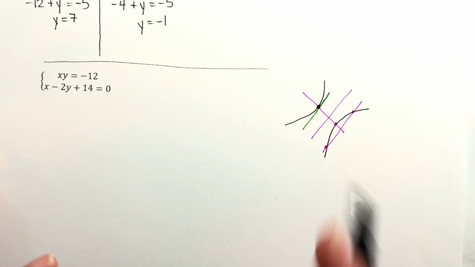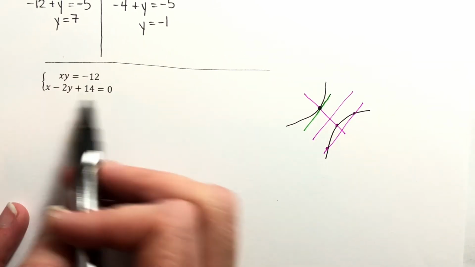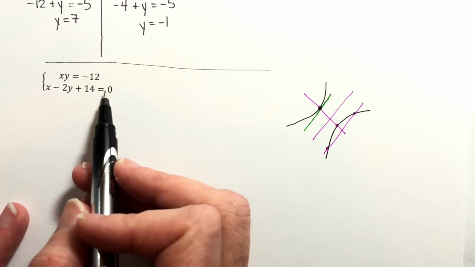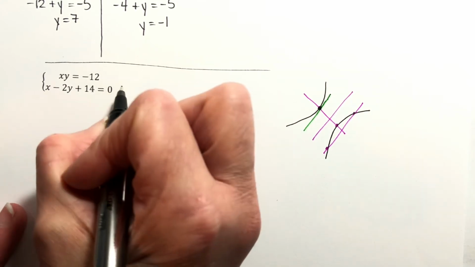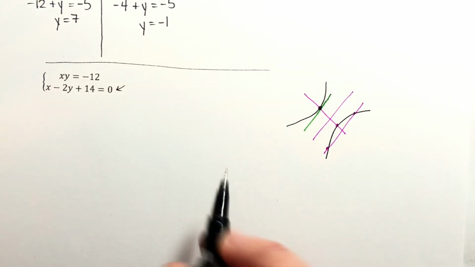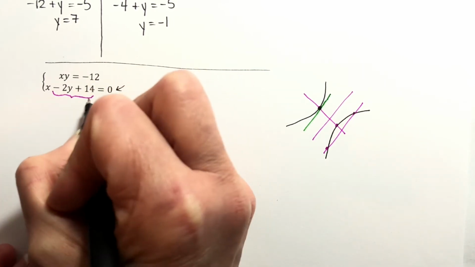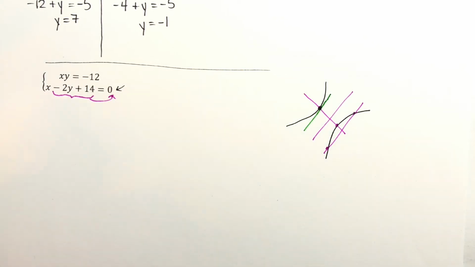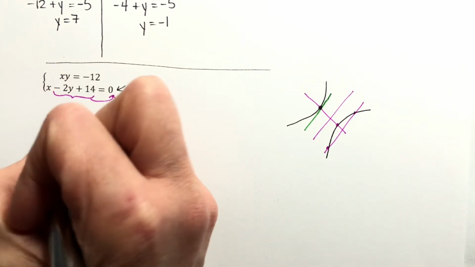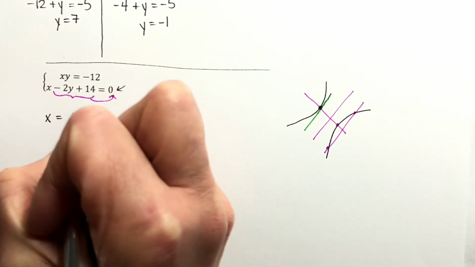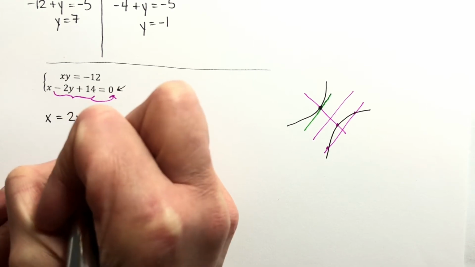Okay, so if I'm going to use substitution, I need to solve one of these two equations for a variable. I like this one, I'm going to solve it for x. And to do that, I'm going to add 2y and subtract 14 from each side. And that will give me x is equal to 2y minus 14.